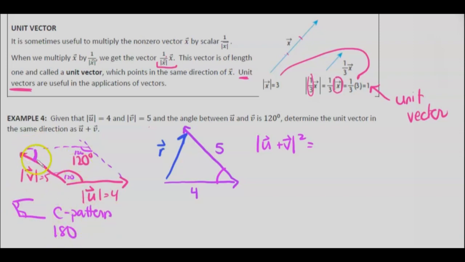So this right in here or this right in here, if we had a C pattern like this, okay, remember 2 parallel lines and the transversal going through it. So that's going to be 180 minus 120. We're going to get 60.